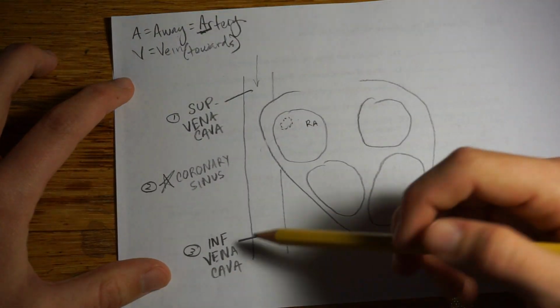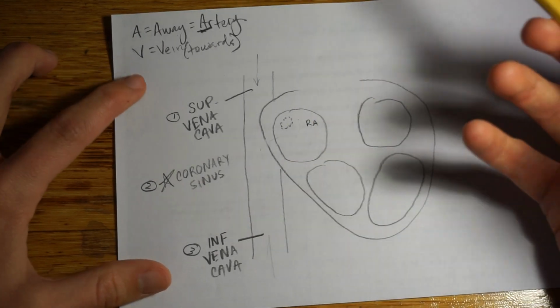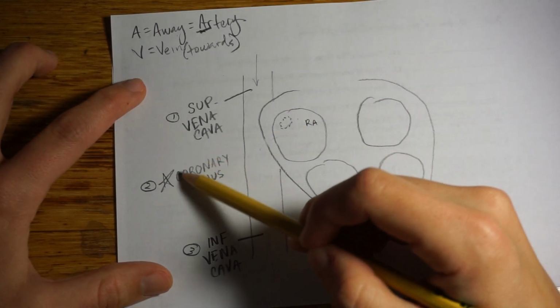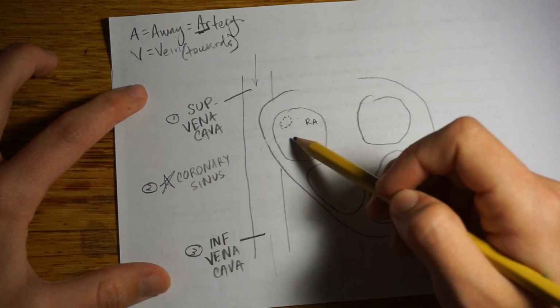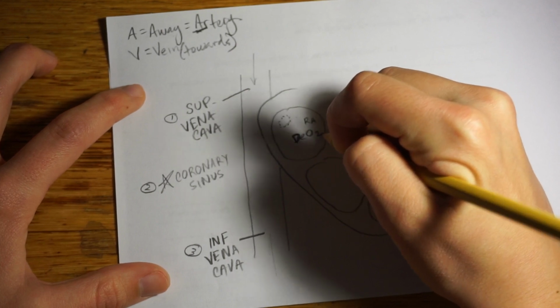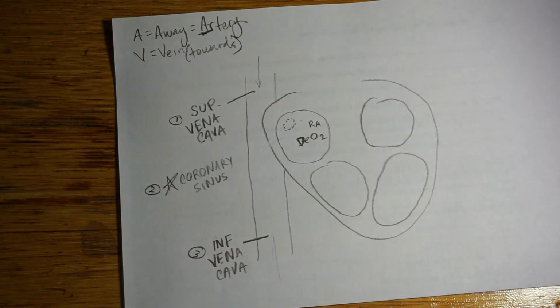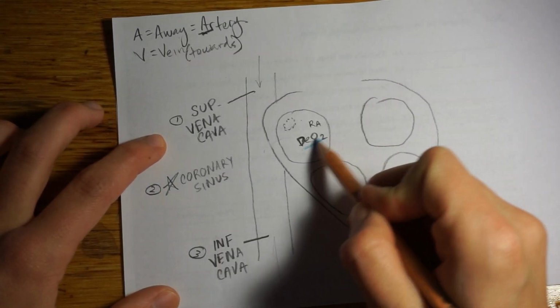The inferior vena cava is bringing deoxygenated blood from the inferior parts of the body, like the limbs. And then the coronary sinus is deoxygenated blood from the heart itself. All three of these dump all of the deoxygenated blood into the right atrium. So let's go ahead and give this the color of blue. It's deoxygenated blood.